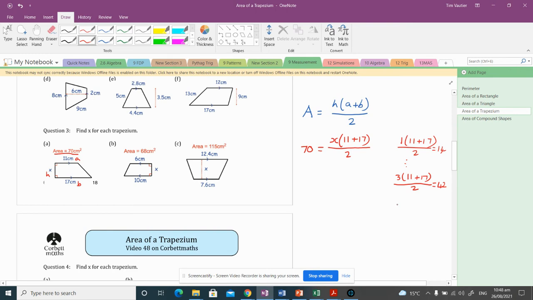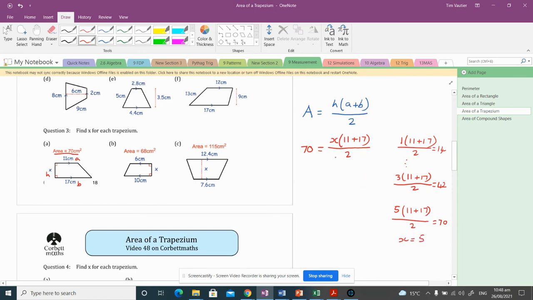And eventually you might find, well, hey, if you put in number 5, 11 plus 17 divided by 2, well, that's going to be 28. When we times 28 by 5, we get 140, and then divided by 2, we come out with 70. So from that, we could see that X is going to be 5.